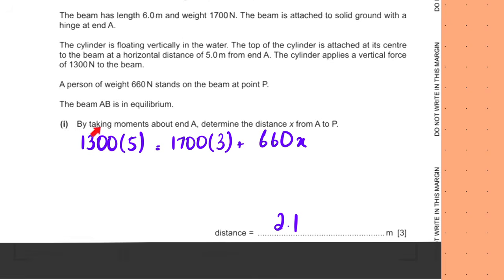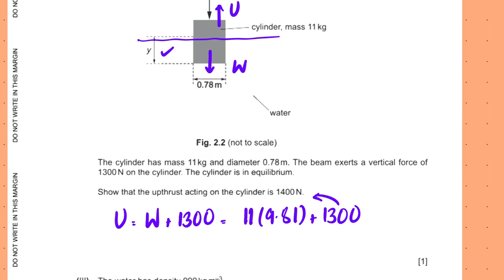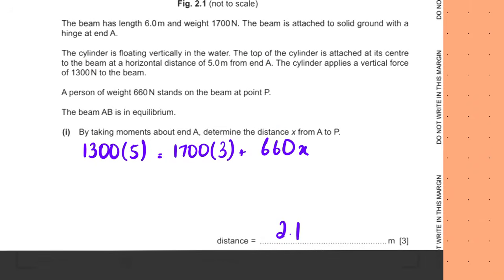So I can say that this 1300 force, which was basically, if I look here, that's u minus w, right? So let me write this here. So u minus w times 5 equals 1700 times 3. So 1700 times 3 is 5100, and this is 660x, and I actually also know w, right?